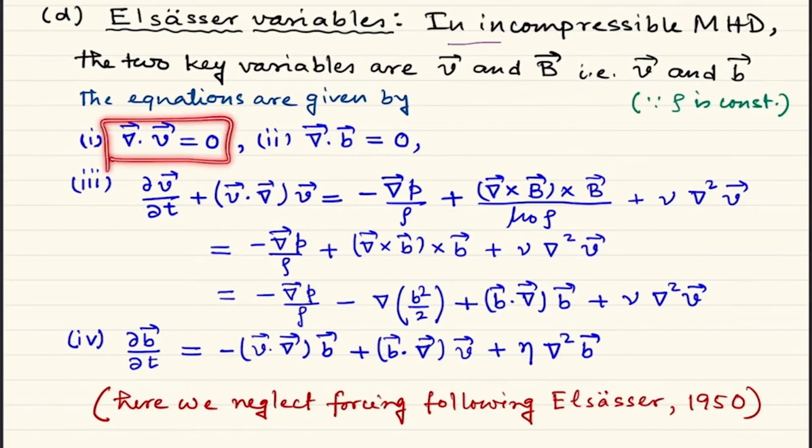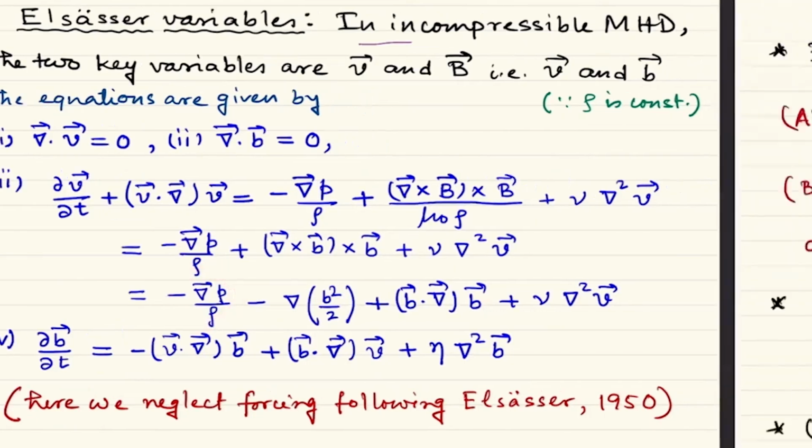Both are divergence-less, and the evolution equation of both includes only terms like b dot nabla b, b dot nabla V, V dot nabla V, V dot nabla b, and this gradient type of term. This is also a pure gradient here because rho is a constant.